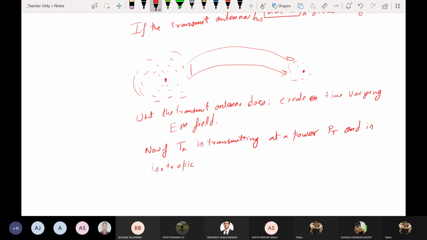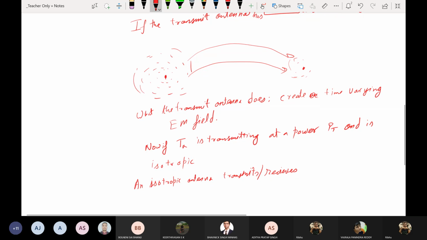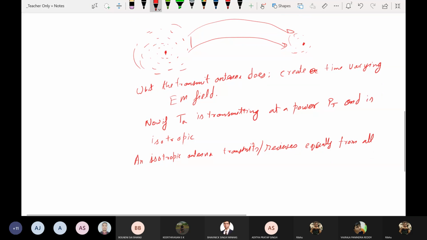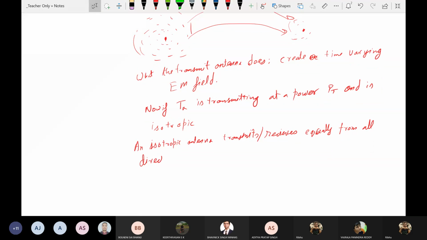An isotropic antenna transmits and receives equally from all directions.